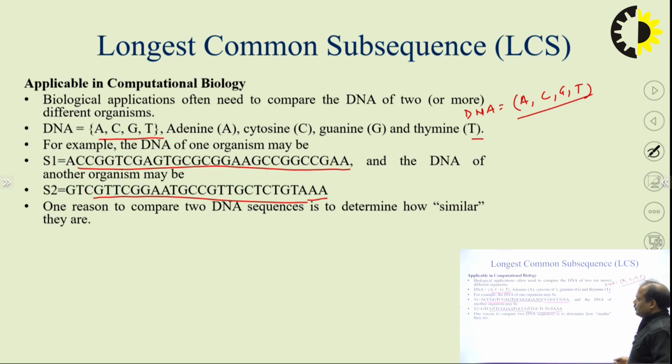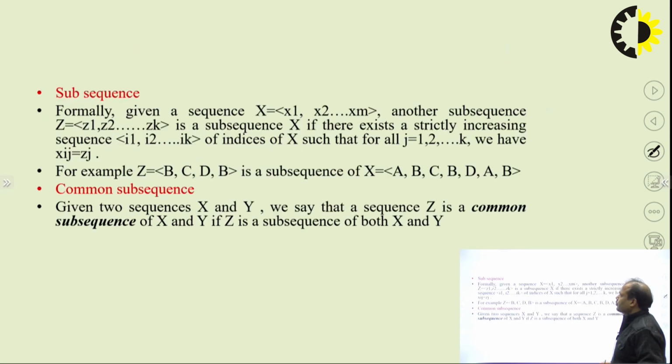If we solve this problem by a brute force approach, we have to compare one by one. But in LCS dynamic programming, we will not calculate one by one. We'll use dynamic programming to find out how long the DNA S2 is matching in the DNA S1.